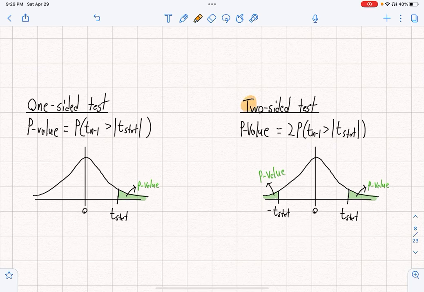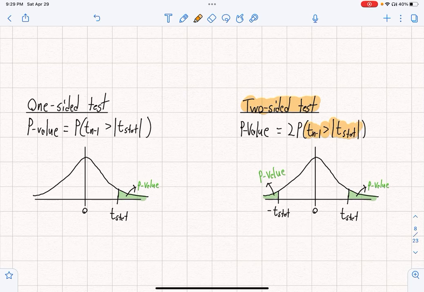Okay, now let's talk about two-sided tests. It's a very similar formula. The only difference is that we're now multiplying by 2. So the p-value is now 2 times the probability T_{n-1} is bigger than t-stat. So it's the probability of obtaining a test statistic more extreme than the one we obtained.